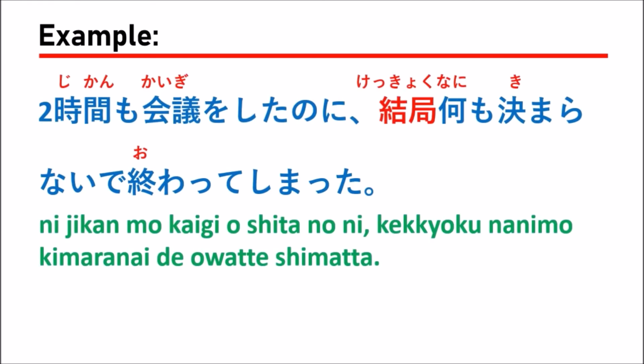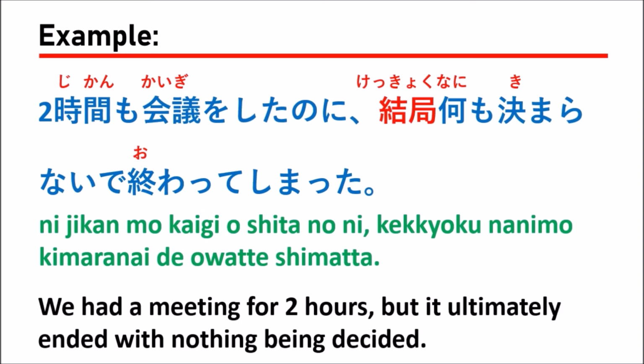The next: 2時間も会議をしたのに結局何も決まらないで終わってしまった。Which means, we had a meeting for 2 hours, but it ultimately ended with nothing being decided.